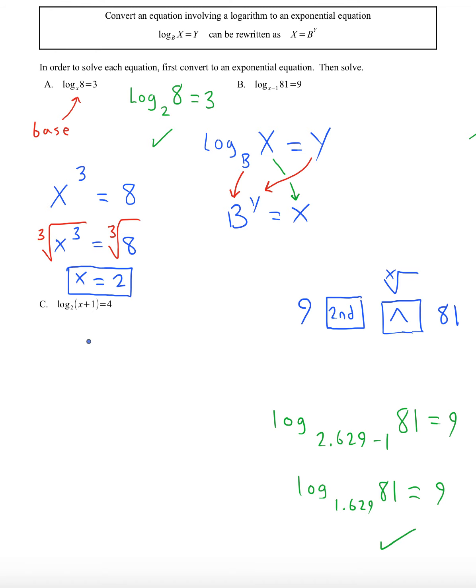All right, one more example here. Let's rewrite it into exponential form. 2 to the 4 equals x plus 1. 2 to the 4 is 16. It looks like x is 15.